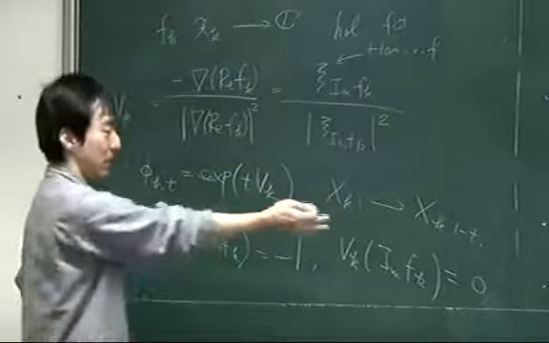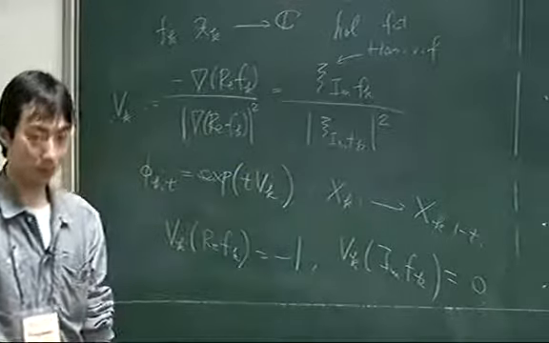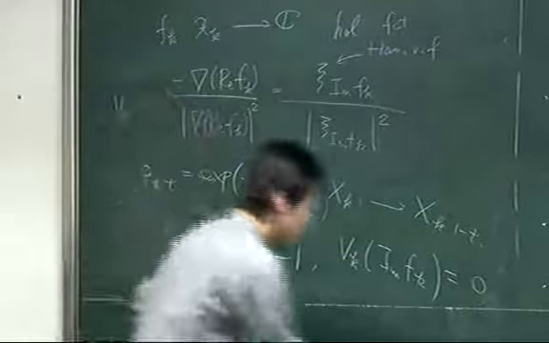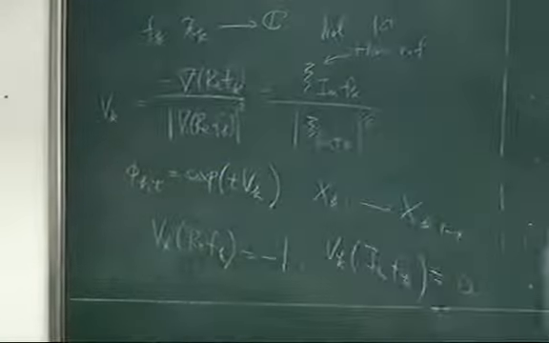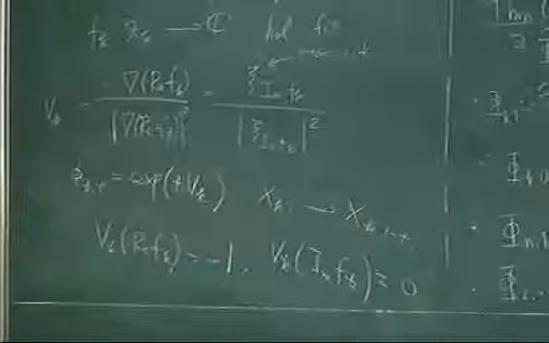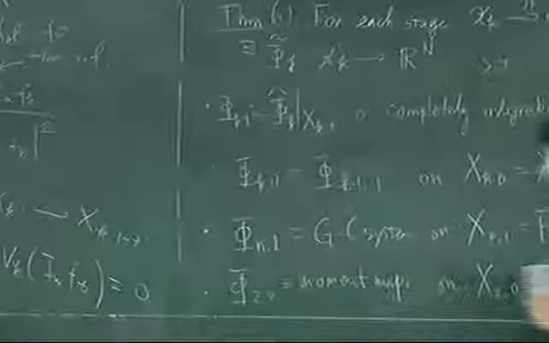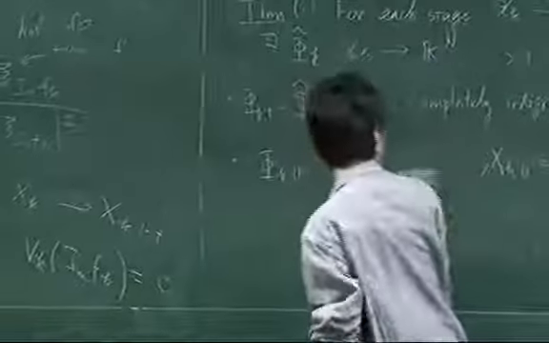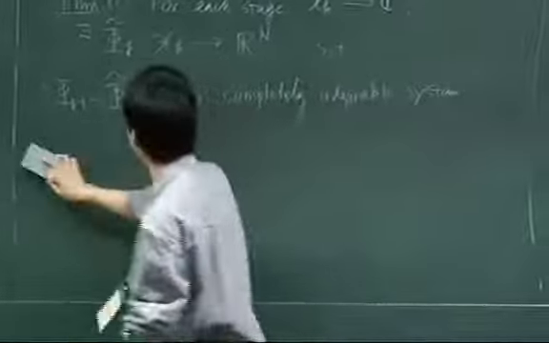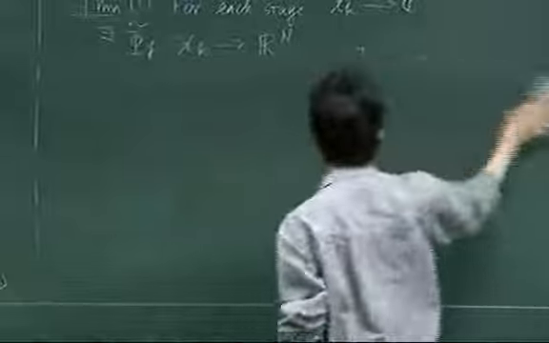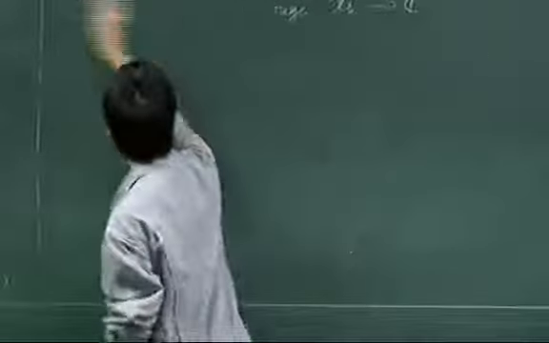So this gives a map of symplectic manifolds. This is the definition of this flow. And I'll finish my talk with the idea of the proof of this theorem.